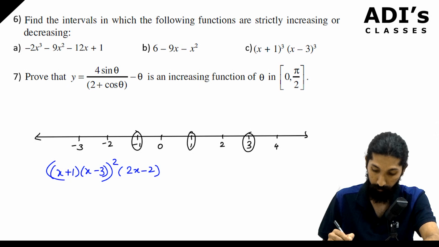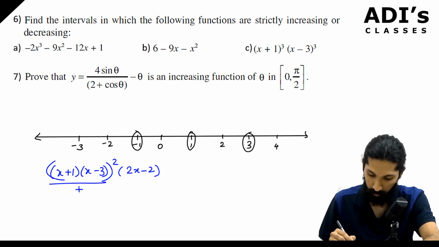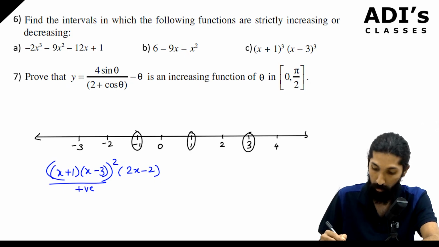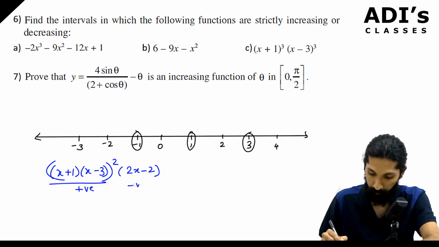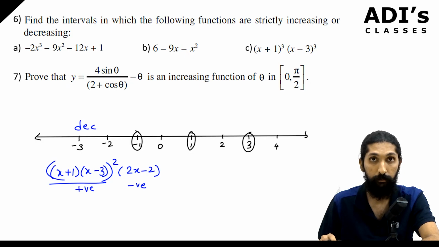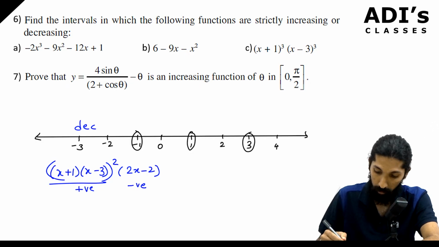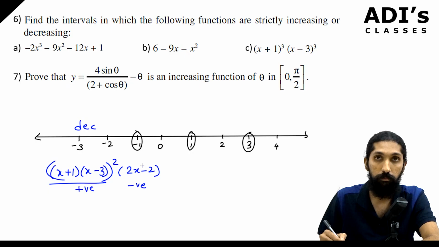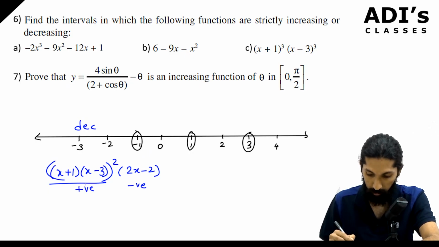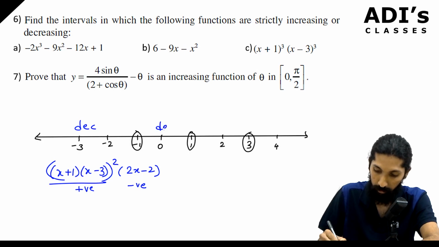This x minus 3 whole square is always positive, don't have to worry. When you take x as minus 2, minus 2 into 2 is minus 4. So this is always negative. So this is going to give us decreasing, no matter what you take. Okay. So minus 1 to 1, say you take a value of 0. This is positive, this is negative. This is also decreasing.